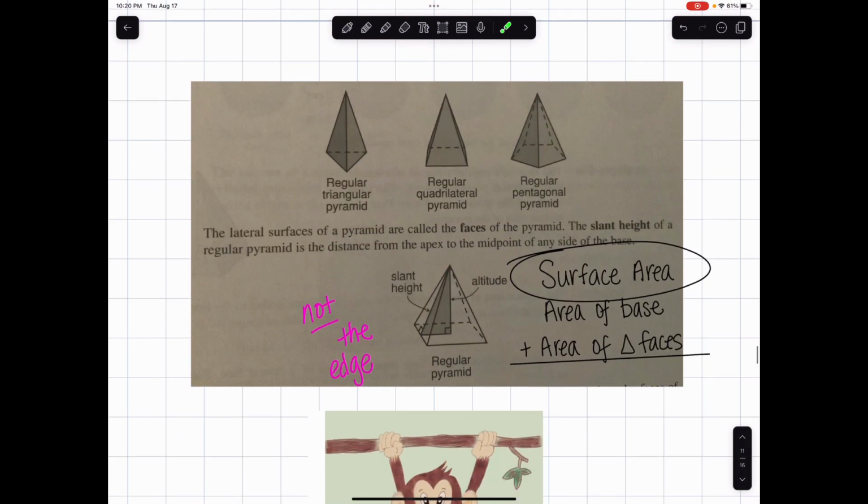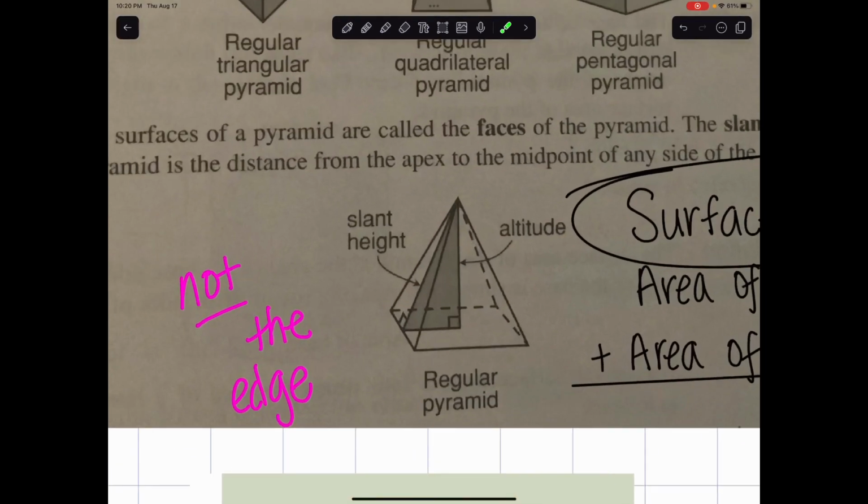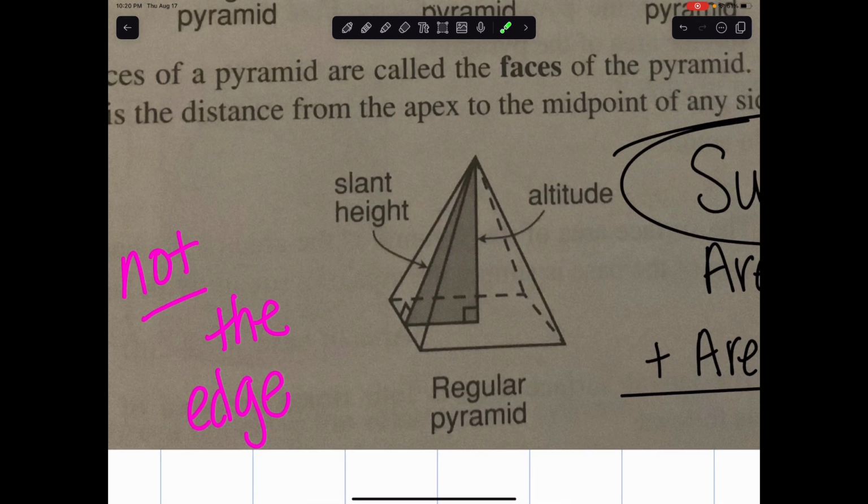Let me show you what the slanty distance looks like. Okay, it's not this. That's what we usually use for the height or the altitude. It's actually this line in the middle here, a slant line. It kind of makes sense because this is the part of the edge that is important when you're wrapping it in wrapping paper. So it's actually the slant height.